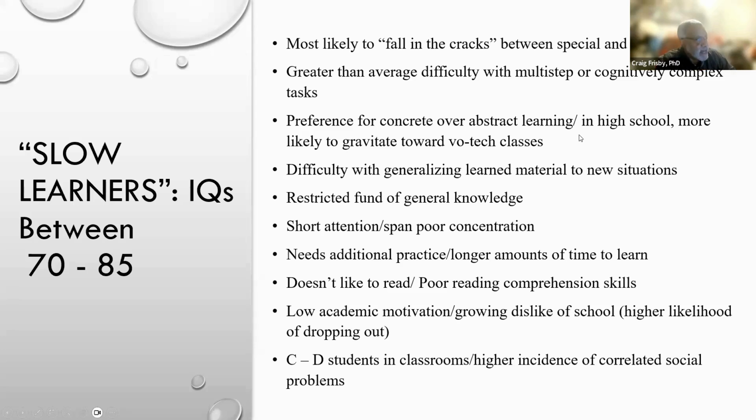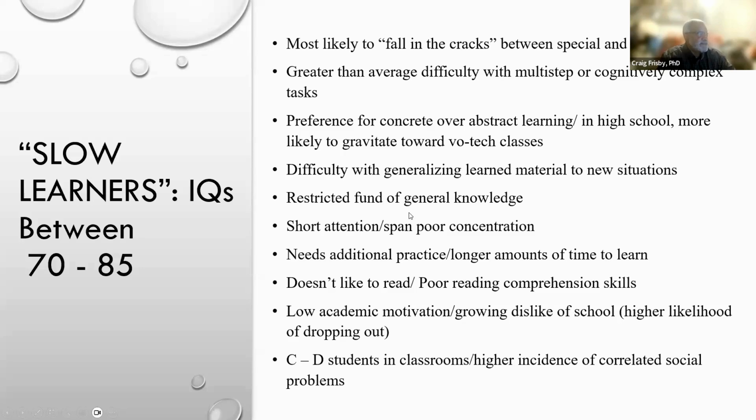So to give you a concrete example of that, by the time kids in this IQ range get to high school, some of the other kids are learning algebra, geometry, trigonometry, calculus. These are the kids that are still struggling with fractions. So their learning is very concrete. They have difficulty with generalizing learned material to new situations.